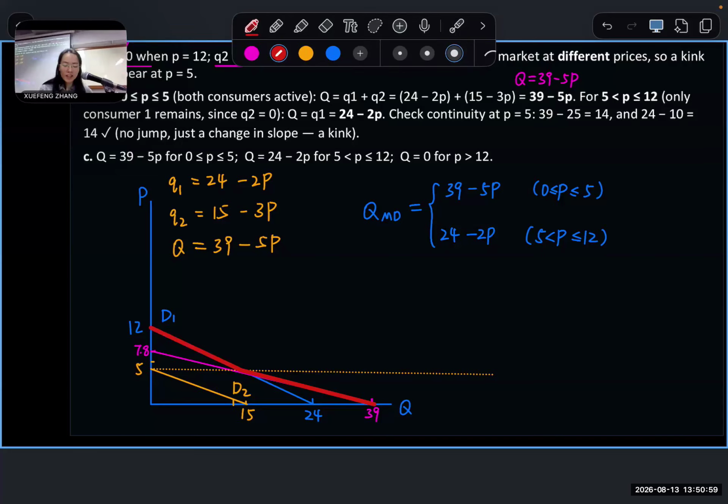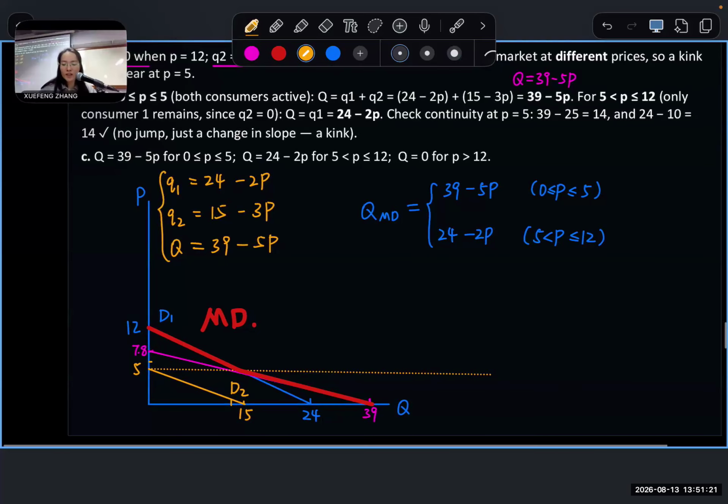So the red one is our market demand. It's not smooth. There's a kink. So this is the final answer.